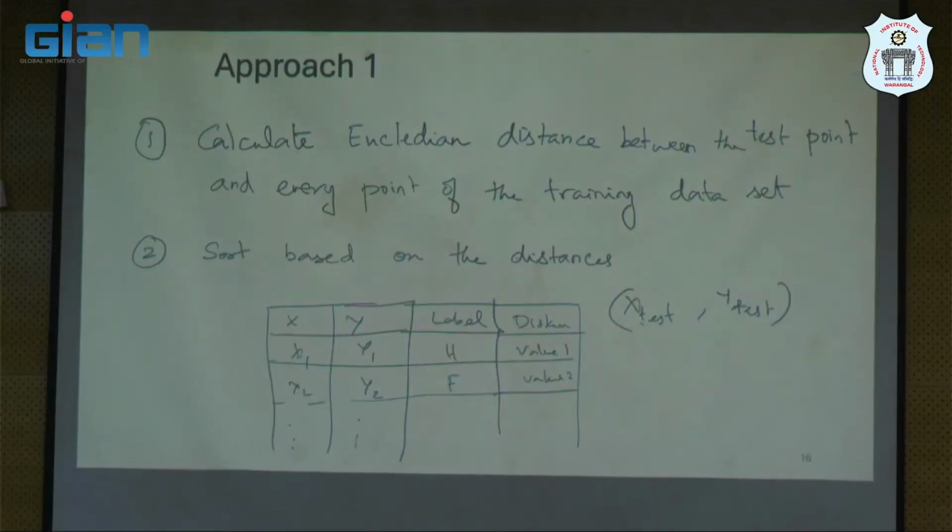Then you have to look for the label associated with the shortest distance from the training data set, and you will assign this label to the test data point. So the algorithm is clear, I think. It's not very difficult.